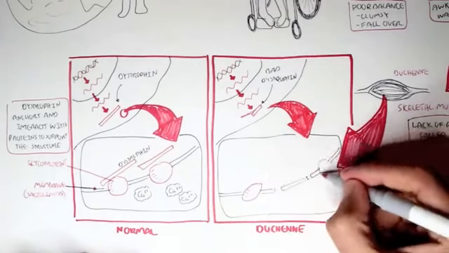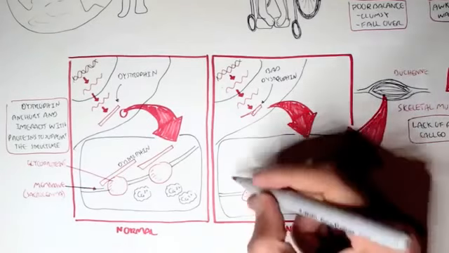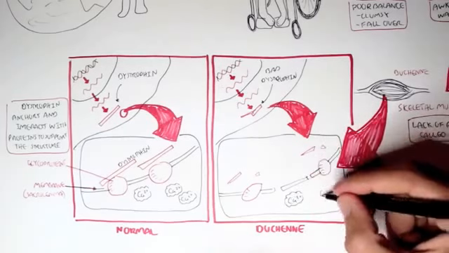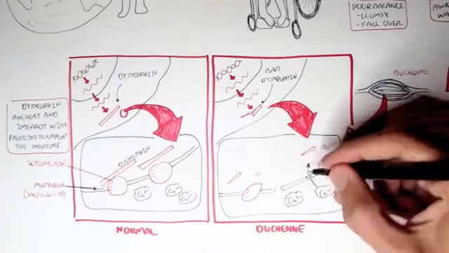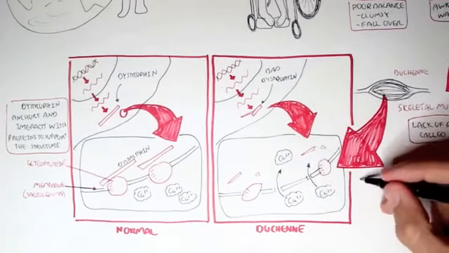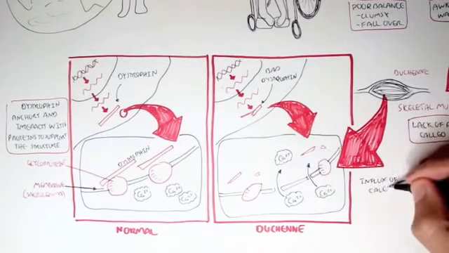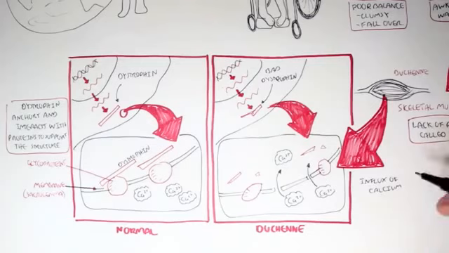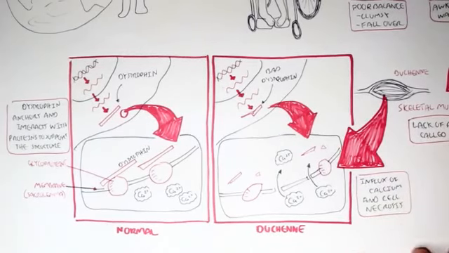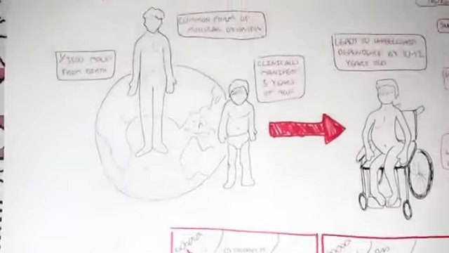You can see that the cell membrane is damaged and the proteins as well, because dystrophin doesn't anchor this whole structure. And so the membrane forms gaps, which allows the calcium ions, which are usually on the outside, to come inside. This influx of calcium ions causes the cell to die, causes necrosis of the muscle cells, and so muscular dystrophy, or in this case, Duchenne muscular dystrophy.